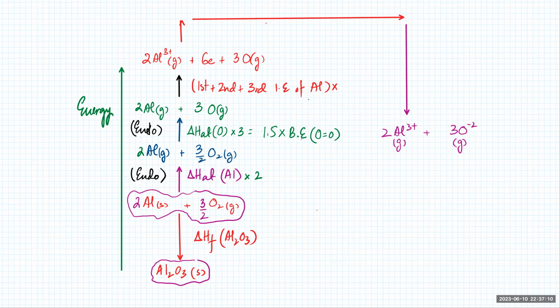And that's about it. So what is that? That's the electron affinity of oxygen and the electron affinity of oxygen minus 1. Oxygen is basically trying to gain 2 electrons. And that's multiplied by 3 because you've got 3 oxygens doing that. Is this clear?